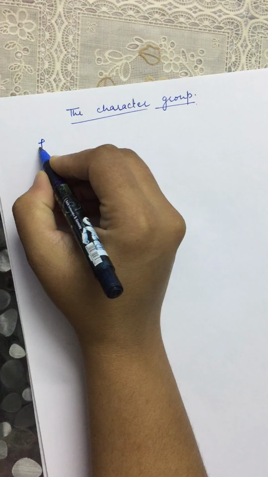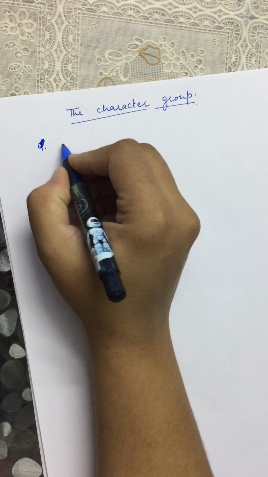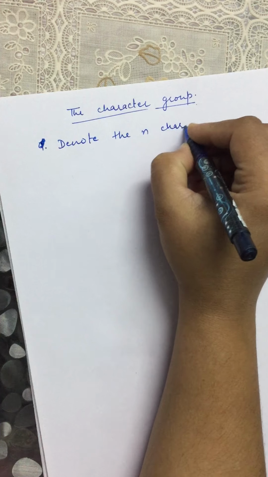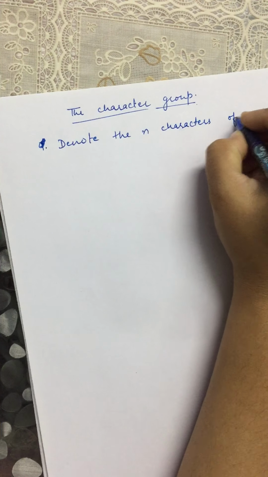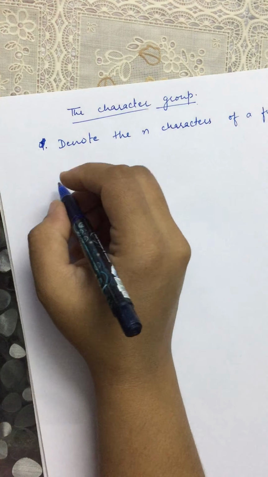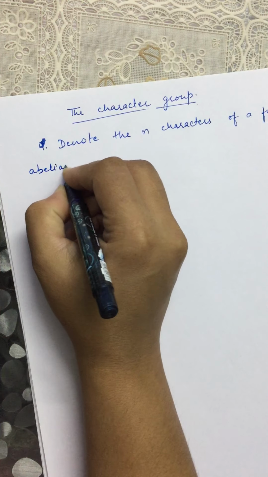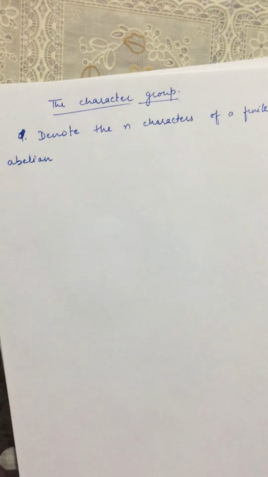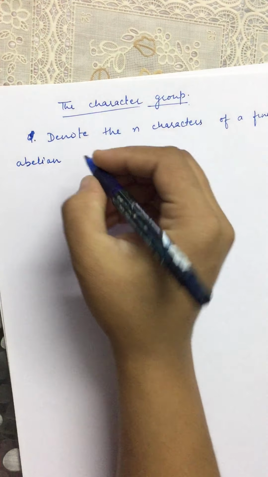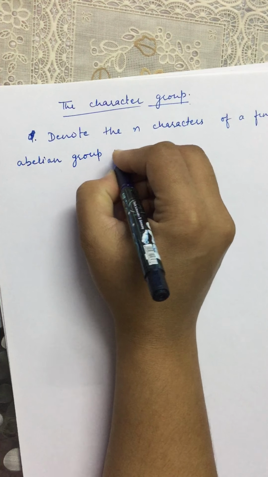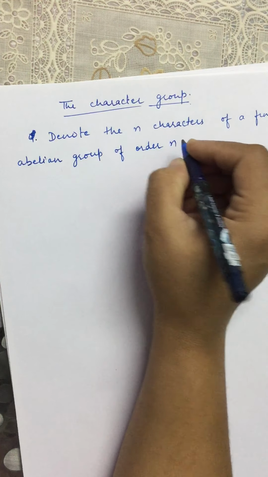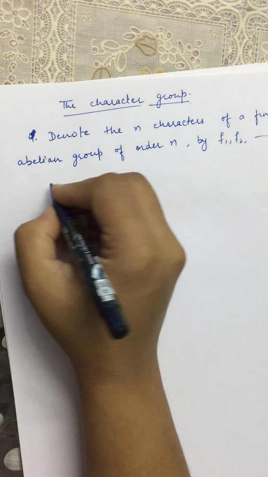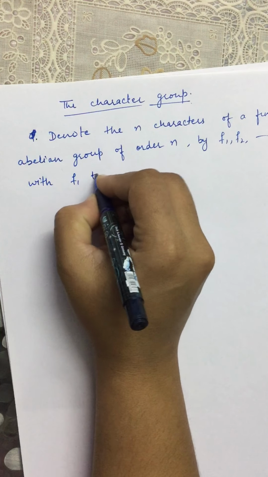So basically, we will denote the n characters of a finite abelian group of order n by f1, f2, ..., fn, with f1 to be the principal character.